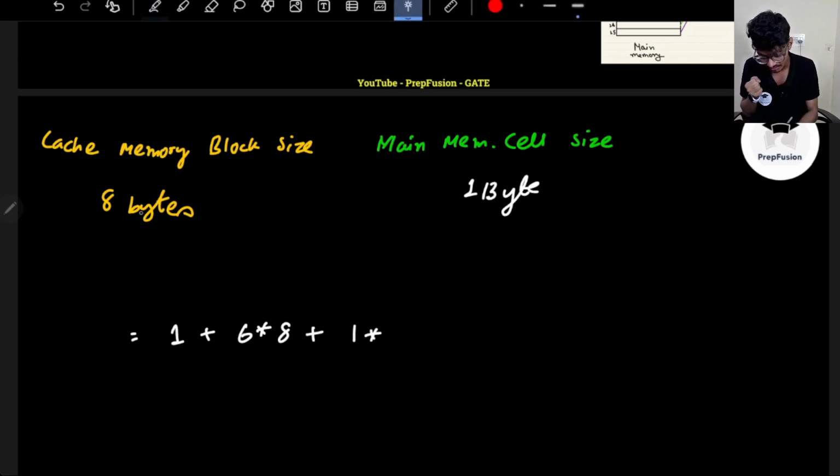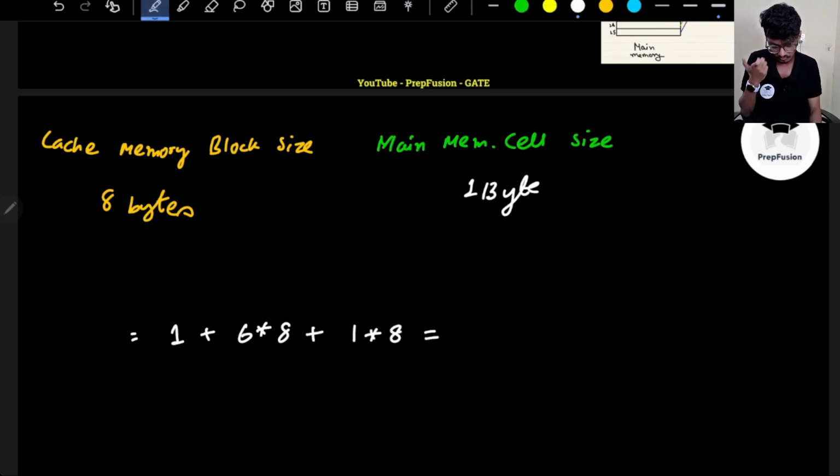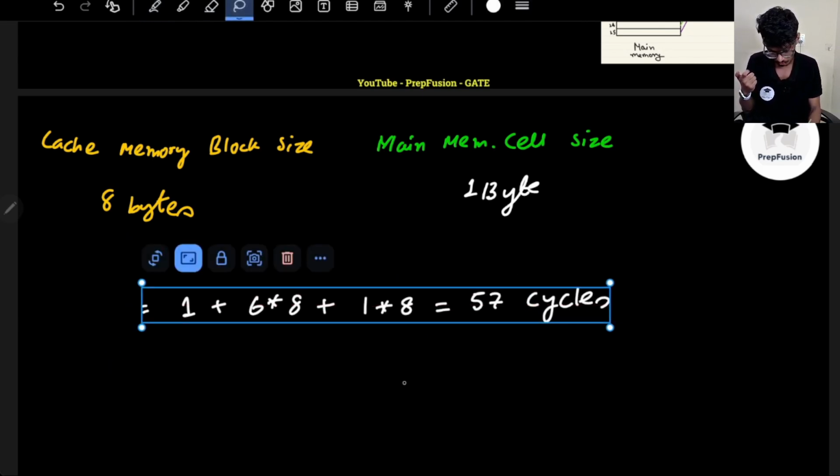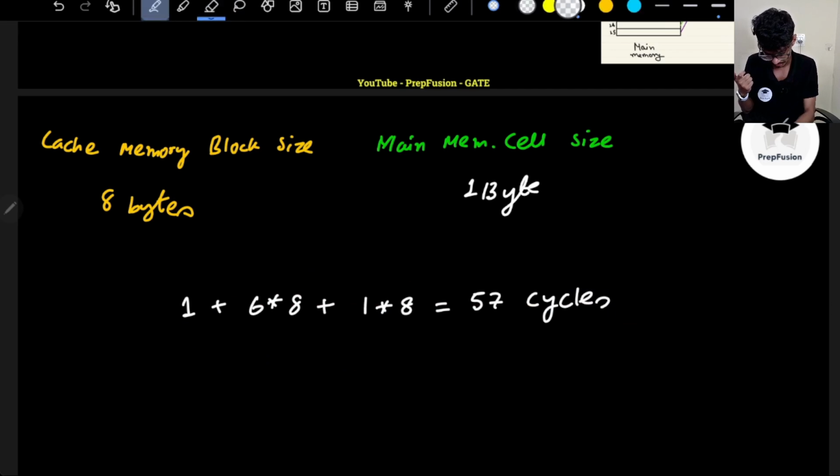I need to transfer 8 cells of data, because each cell is 1 byte and I have to transfer a total of 8 bytes. So it will be 1 into 8. So in total it will be 1 plus 48 plus 8, so it is 57 cycles. Total it will consume 57 cycles.